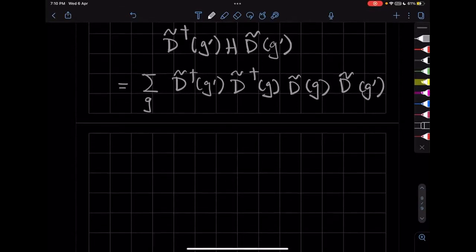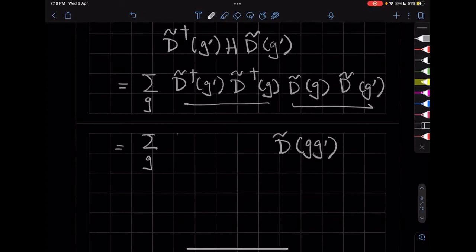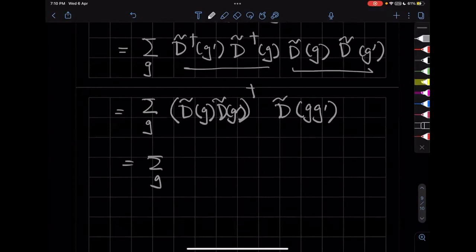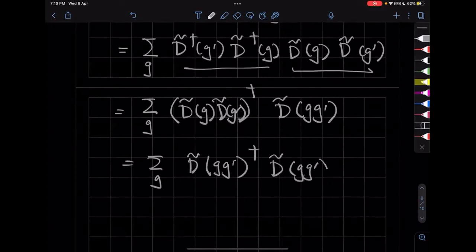Now we are dealing with a representation. It is not unitary, but it's a representation nonetheless. So we can write this as d tilde of GG prime. And this thing, inside a dagger, the ordering will change. And therefore, this thing is going to be d tilde of GG prime dagger, d tilde of GG prime.